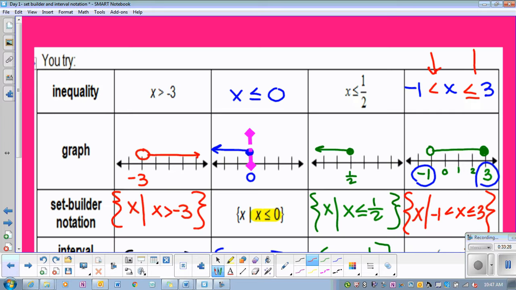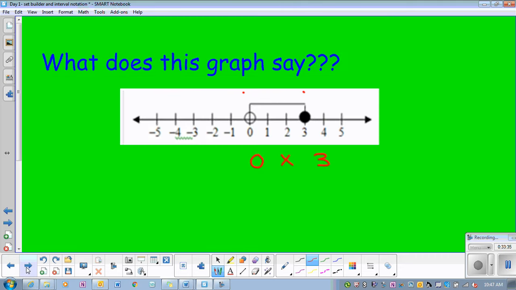If you want to say between, you got to make them both less than. Okay? So, less than, less than. Although, which one of these needs a line? The one with the 0 or the one with the 3? 3. Because that has a closed circle. And there you go. Okay?